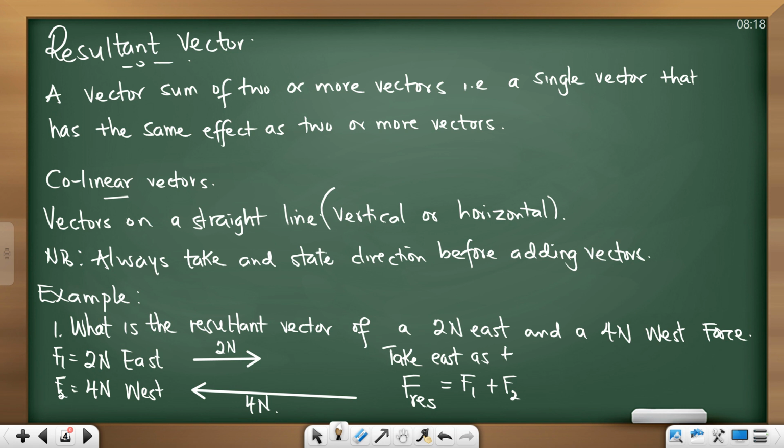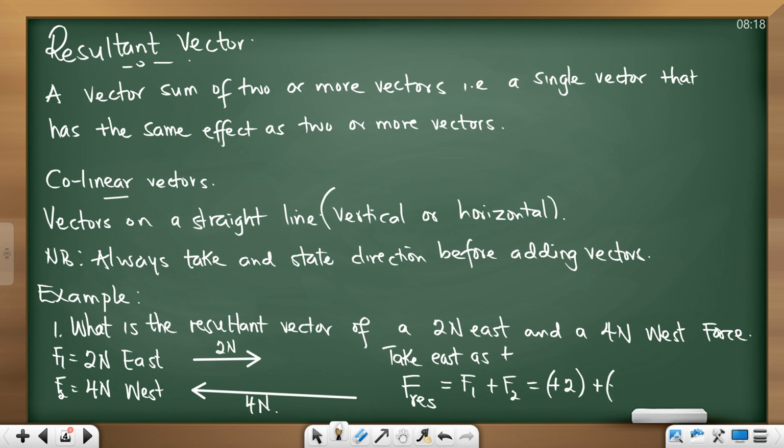We did this in grade 10. So our F resultant, therefore, will be, what is our F1? Positive 2. Because it is 2 Newtons to the east. And we said east is positive. Plus, what are we going to have?